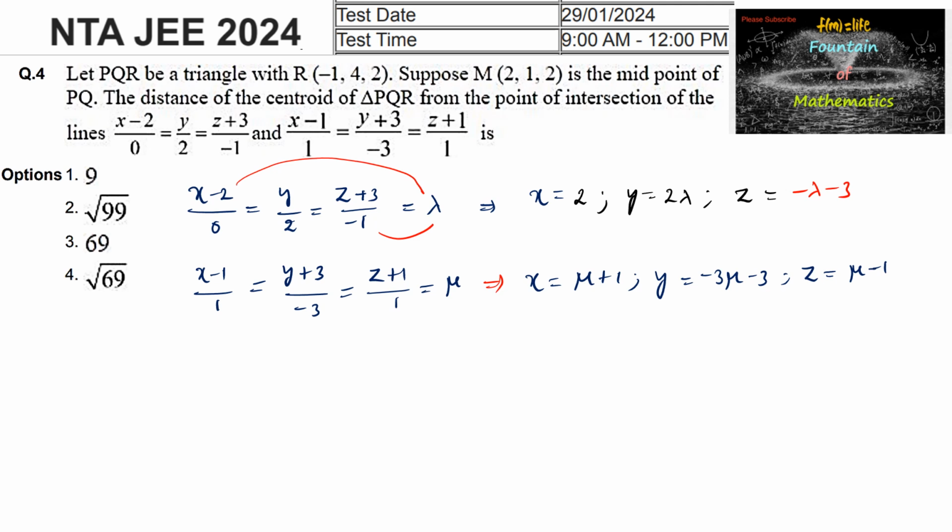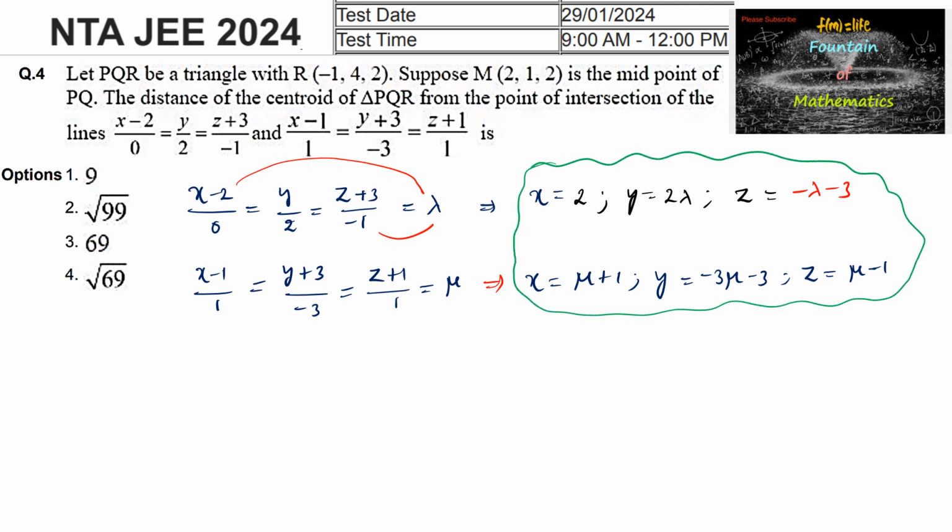So for the point of intersection, the x, y, and z coordinates of both lines must be the same.